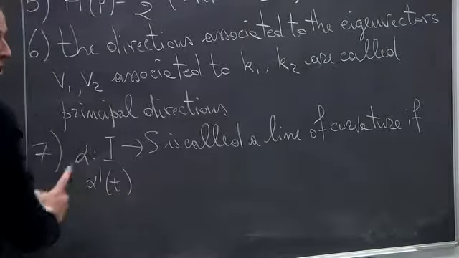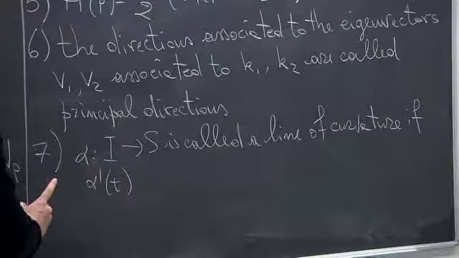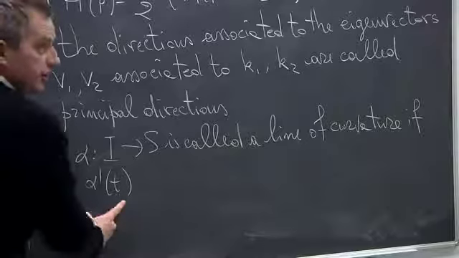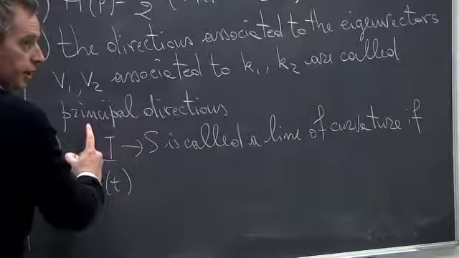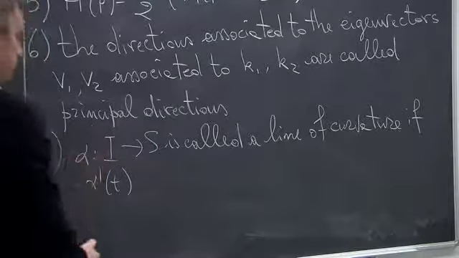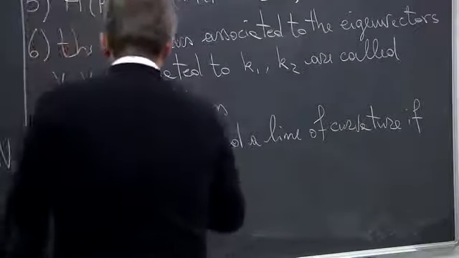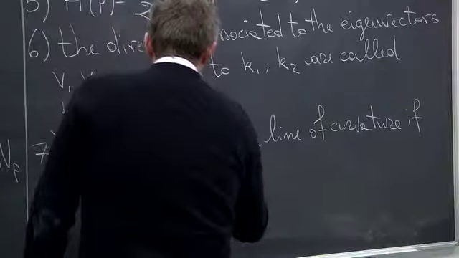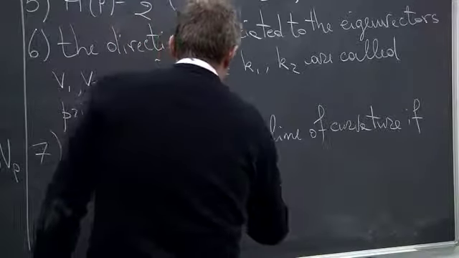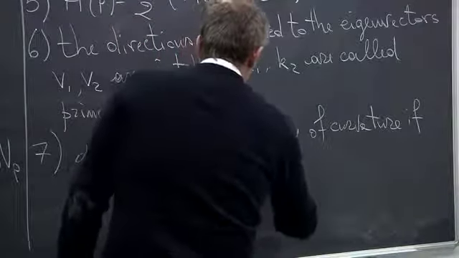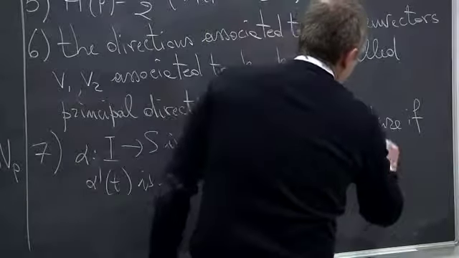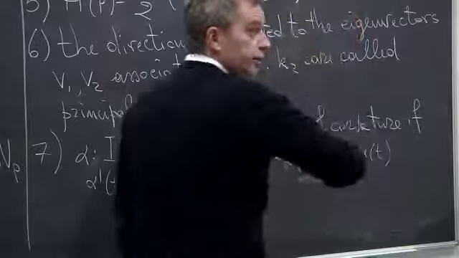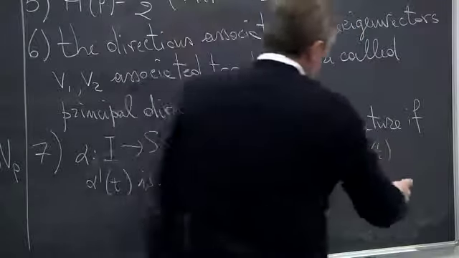So of course there will be a special class of curves, those for which the tangent vector at every point is a principal direction. So a line of curvature if alpha prime is a principal direction of S at the corresponding point, of course, for any t.